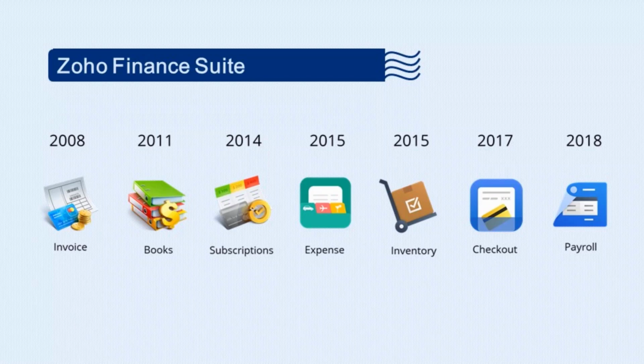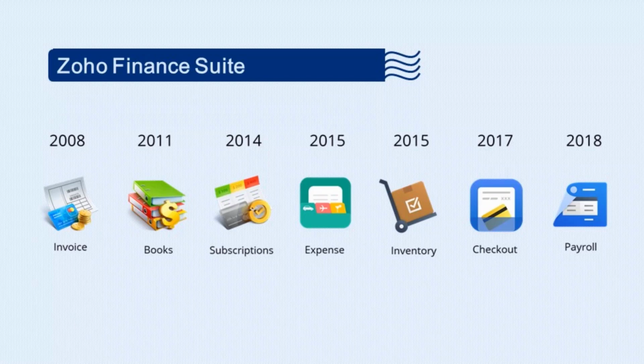In 2015, they launched a product called Zoho Expense, which was a product for expense tracking within the organization. So if your employees are traveling for business purposes, they can track their expenses using that. In the same year, 2015, they also launched Zoho Inventory.